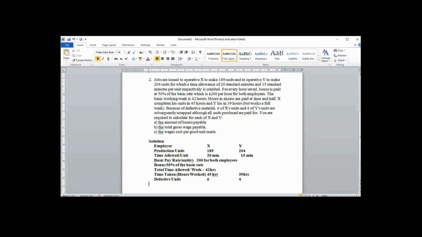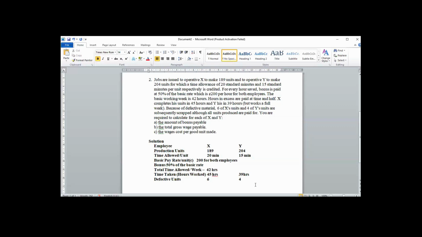Those are the 3 methods we have for calculating bonuses.